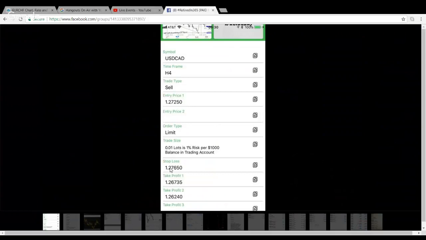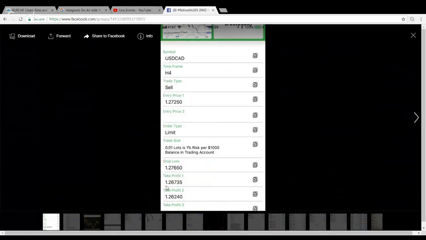You want to manage how much damage is caused to your account. So that's why we place a stop loss. A stop loss will be placed above your entry price on a sell. So if you entered at 1.27250, as you can see, the last 3 digits are higher than your entry price. So that's your stop loss.